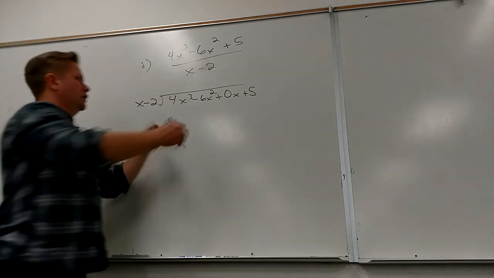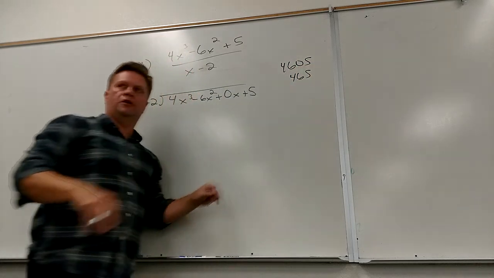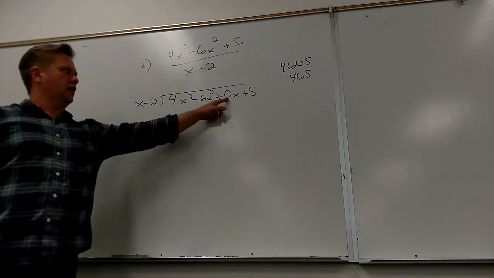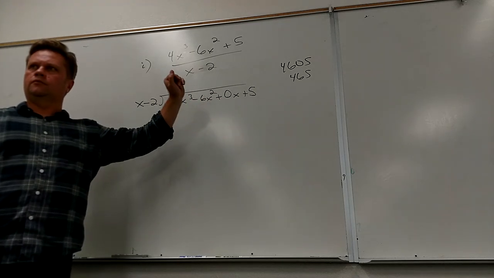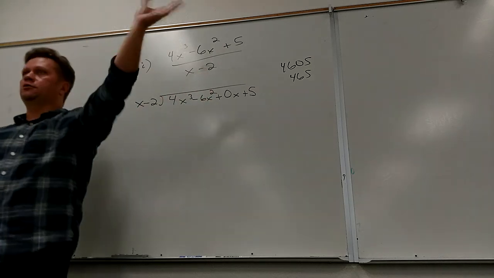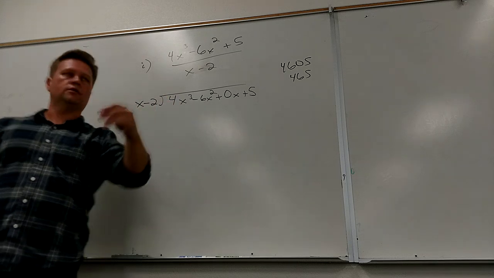And again, if I have the number 4,605, that is different from the number 465. That placeholder actually means something. So putting that there is going to be helpful. In synthetic, you have to put that there, or else the whole thing goes wrong. You have to have every place represented. That's what it's hardwired on.